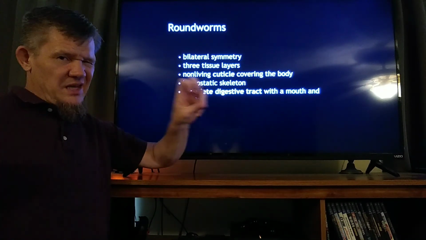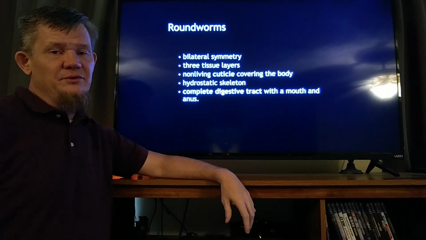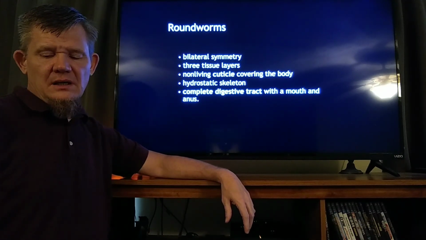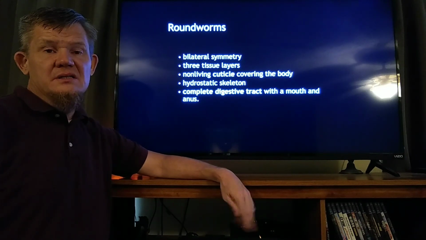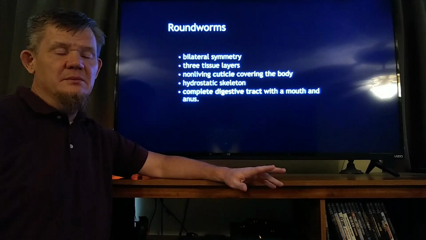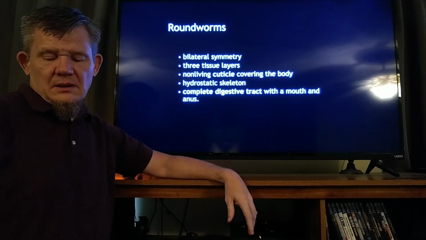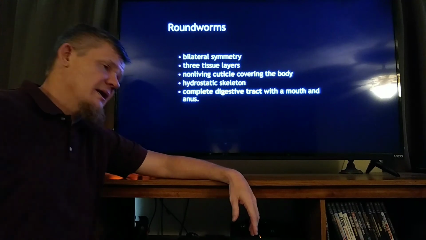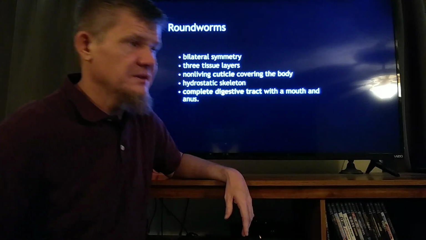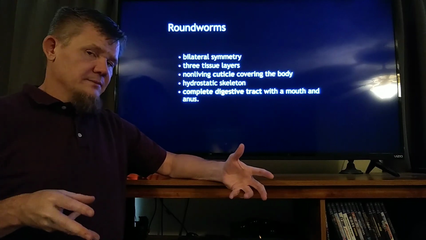a non-living skin that goes around the outside of the animal that must be shed for the animal to grow. Those three tissue layers, they've got endoderm, ectoderm, and mesoderm. They've got inside, middle, and outside tissues. They use what's called a hydrostatic skeleton. So a hydrostatic skeleton is a skeleton that uses water.